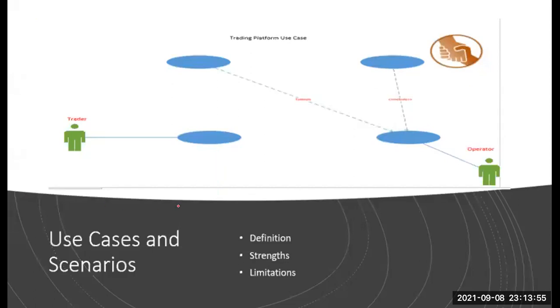Okay, so this is the most commonly used technique. You must have heard of use cases and scenarios, right? Very commonly we create UML diagrams, and one of the commonly used UML diagrams is use case and scenarios. So has anyone already created these in their projects?